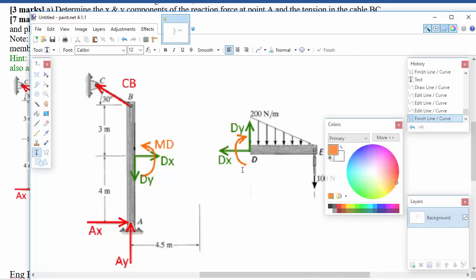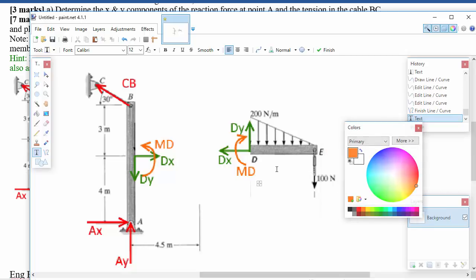Now, from looking at the picture, you can see that the moment that we've assigned right now is actually in the opposite direction to what the moment would actually be doing over here, and that's not a big deal. That doesn't actually matter for this. So it is just going to end up being negative in the direction we've shown, but that's no big deal. Okay, so that is the setup.